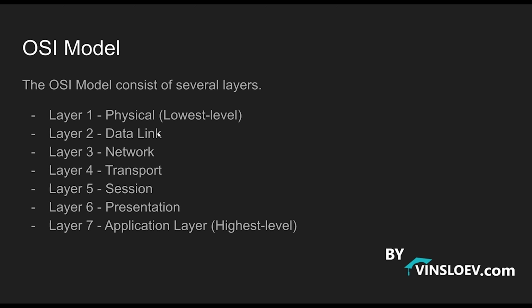So we have layer 1, the physical layer, which is the lowest level, where we have the electric bytes and cables, whereas we have layer 7, the application, meaning the application and front end that you're interacting with, which is the highest level. And then we have these different layers in between.